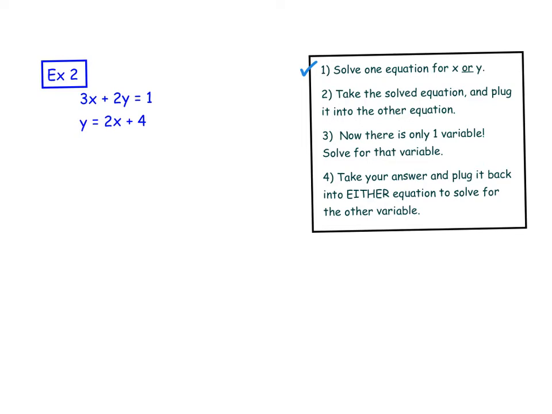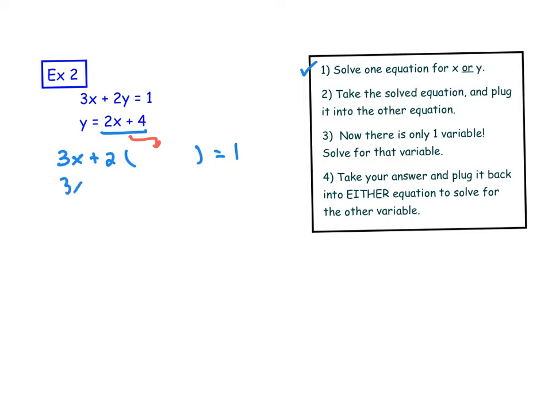So we have y equals 2x plus 4, so what I'm going to do is write the other equation, 3x plus 2y equals 1. And since y equals 2x plus 4, I'm going to take that and drop it into that set of parentheses.